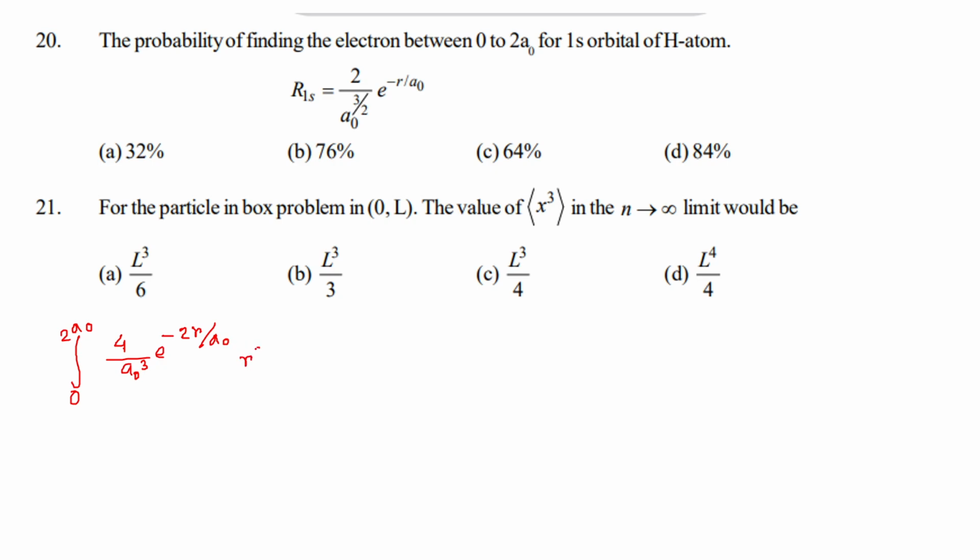The r square should also come because of the d tau, r square dr, then 0 to pi sine theta d theta and 0 to 2 pi d phi.